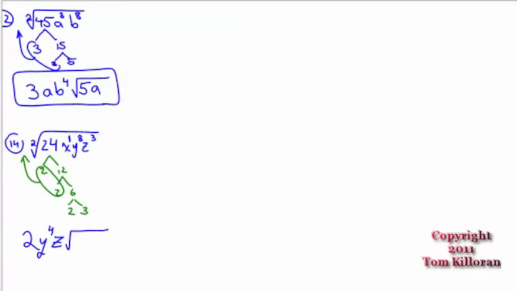And then the square root of what's left behind? The 6 from here, 2 times 3, so 6. A factor of x was left behind. Was y left behind? No, so that's all gone out. And then 1 factor of z, because 2 goes into 3 once with a remainder of 1. And there's your answer.